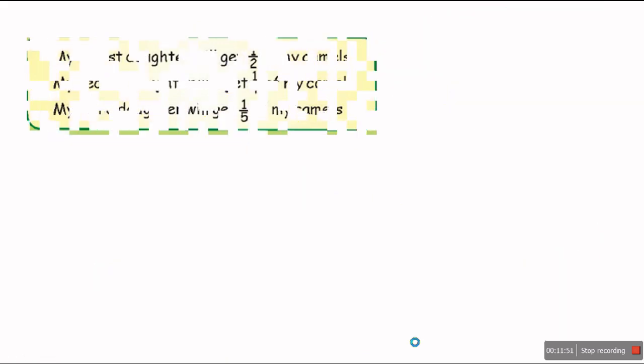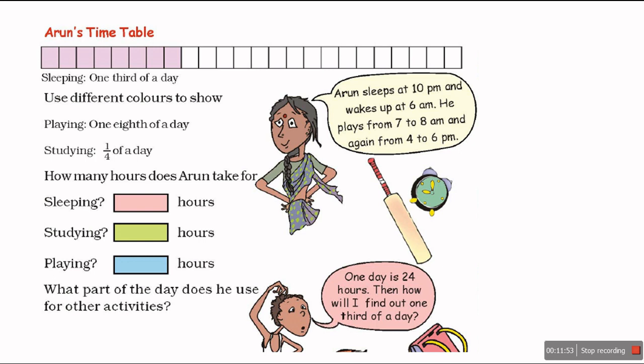Let us move next. Arun's timetable. 1/3 of a day. So how many hours in one day? One day is equal to 24 hours.